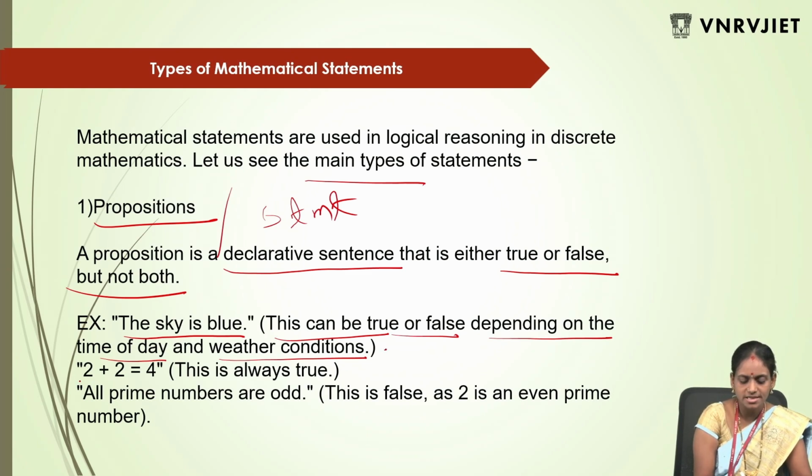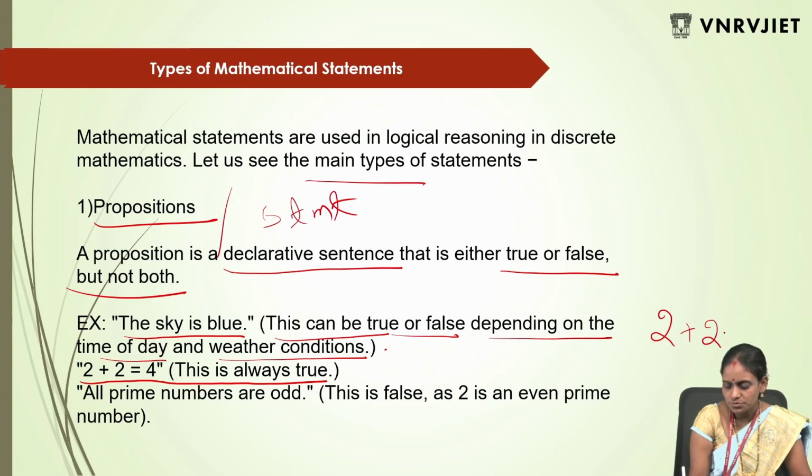And next, if we consider 2 plus 2 equals 4, it will always be true. If we consider 2 plus 2 equals 6, then what is the result? False. So at last, what we are producing is a result, the truth value.